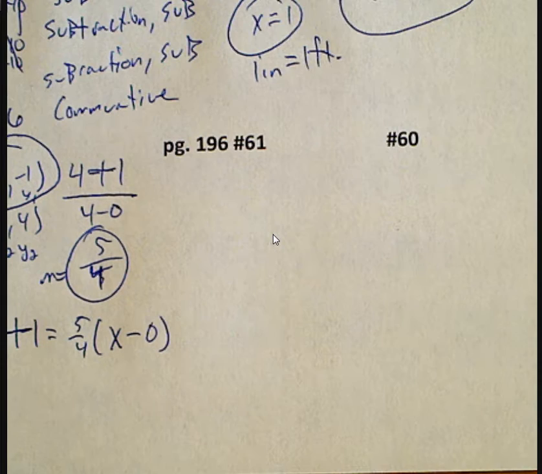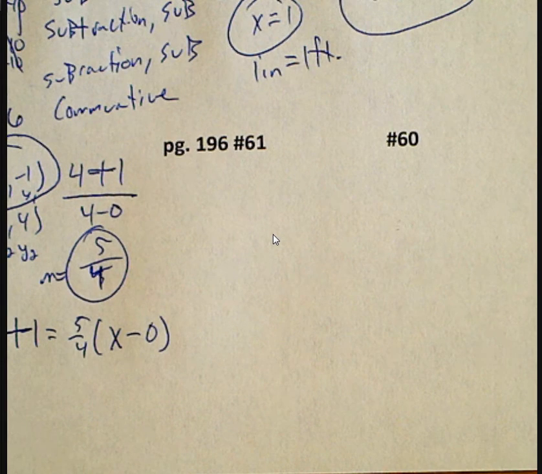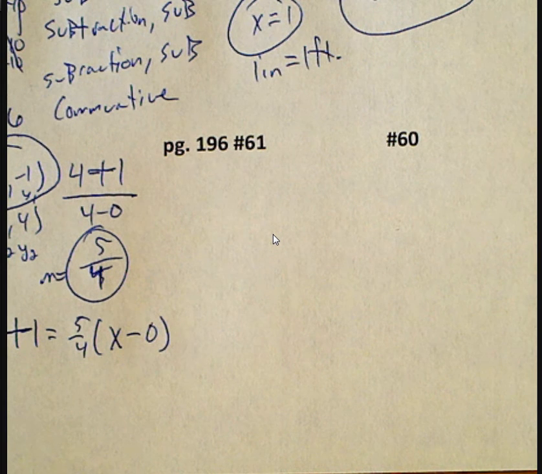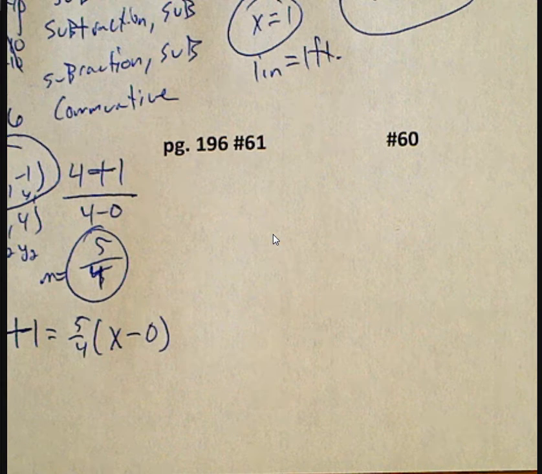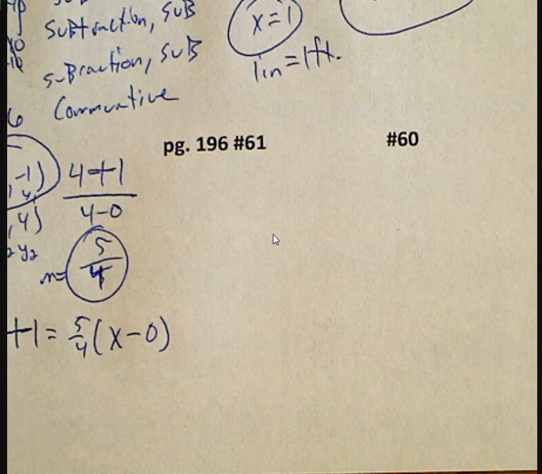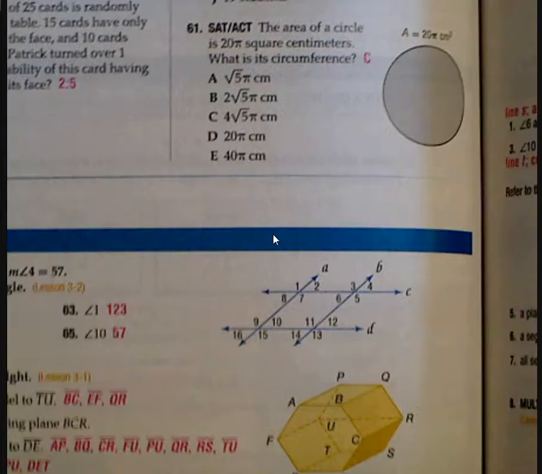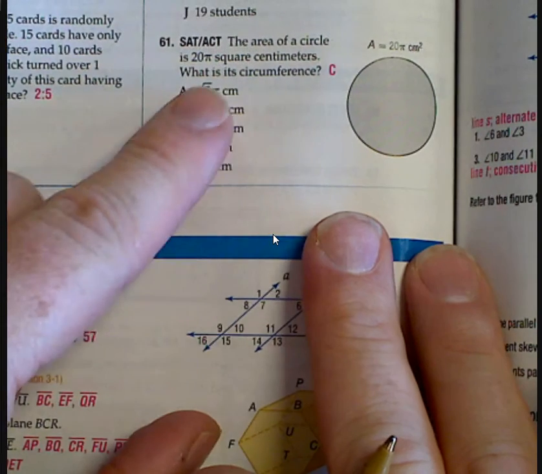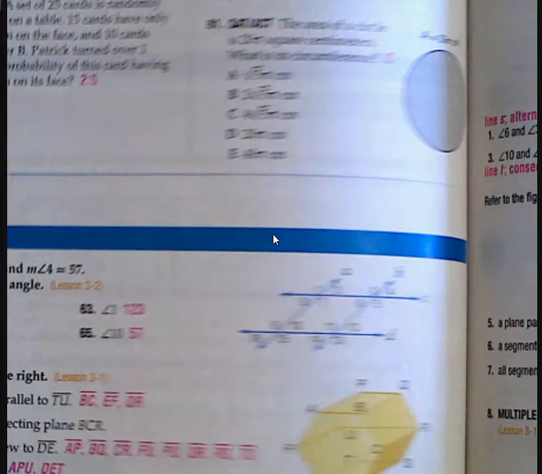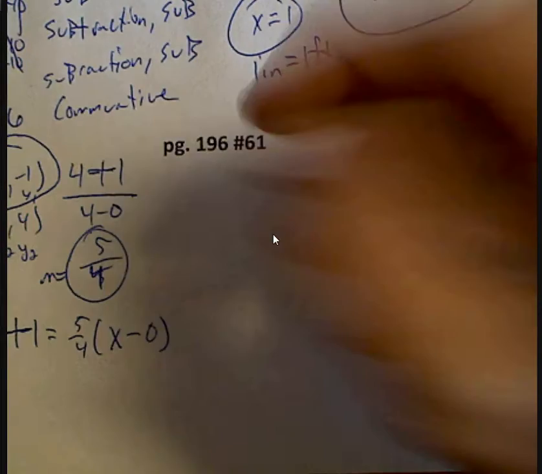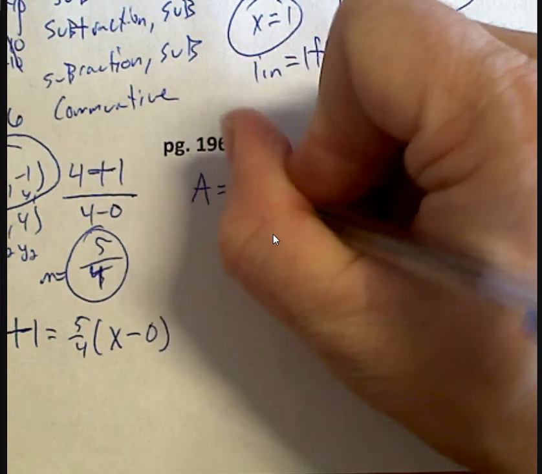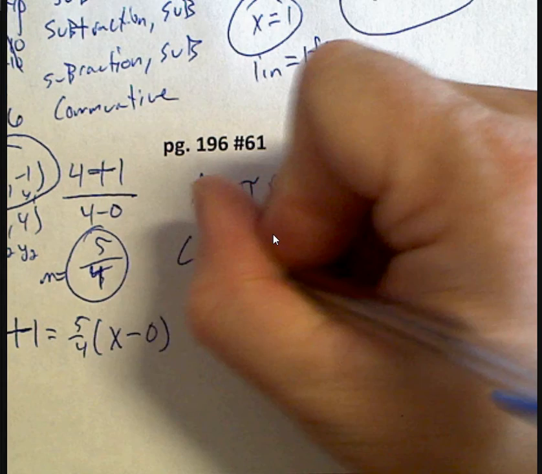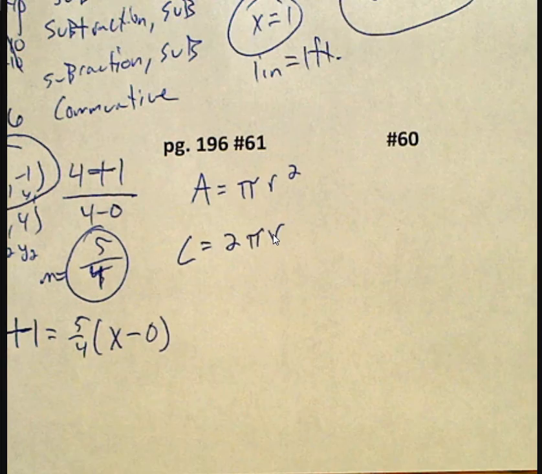Page 196, 61. The area of a circle is 20 pi square centimeters. What is the circumference? I know that the area of a circle is pi r squared, and the circumference is 2 pi r.